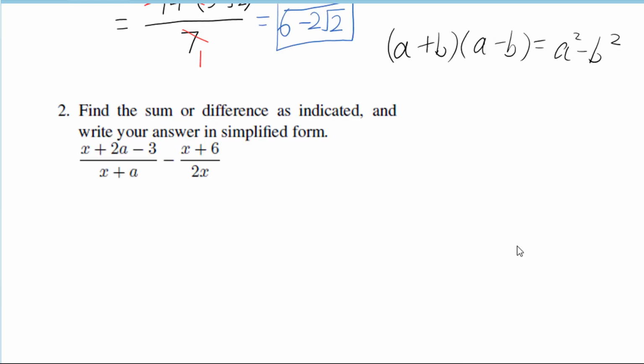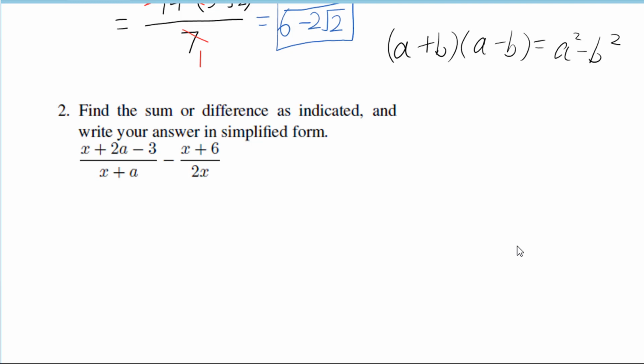Let's go to question 2. Find the sum or difference as indicated and write your answer in simplified form. We have 2 rational expressions, x plus 2a minus 3 over x plus a minus x plus 6 over 2x.